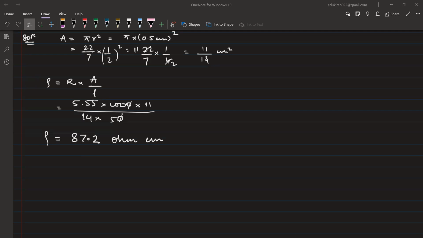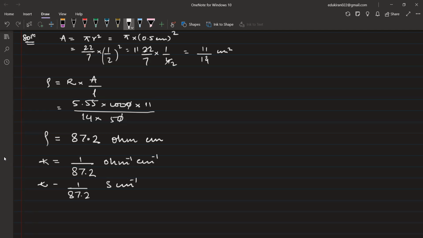So conductivity will be the reciprocal of this, right? Kappa will be equal to 1 upon 87.2. Ohm inverse, centimeter inverse, or we can also write it as 1 upon 87.2 ohm inverse is Siemens per centimeter. This is your kappa.